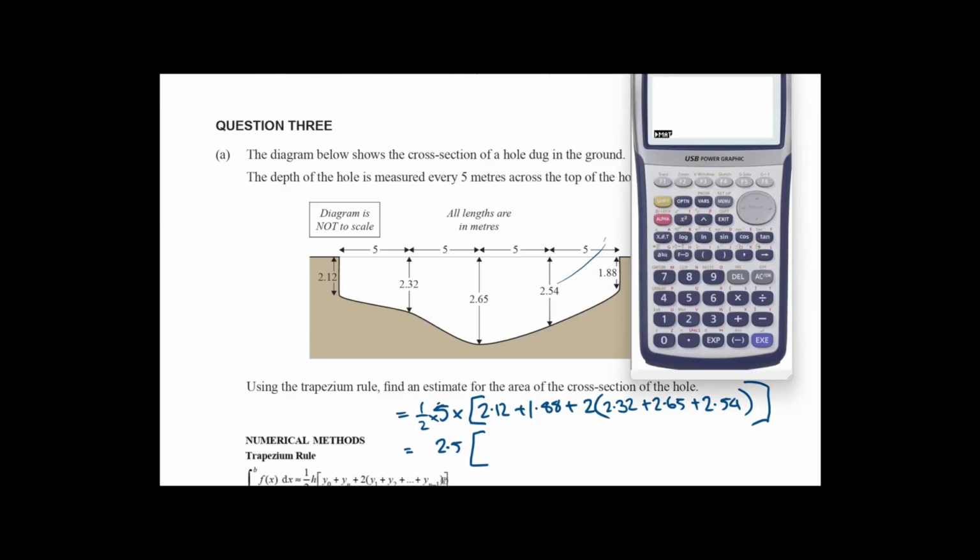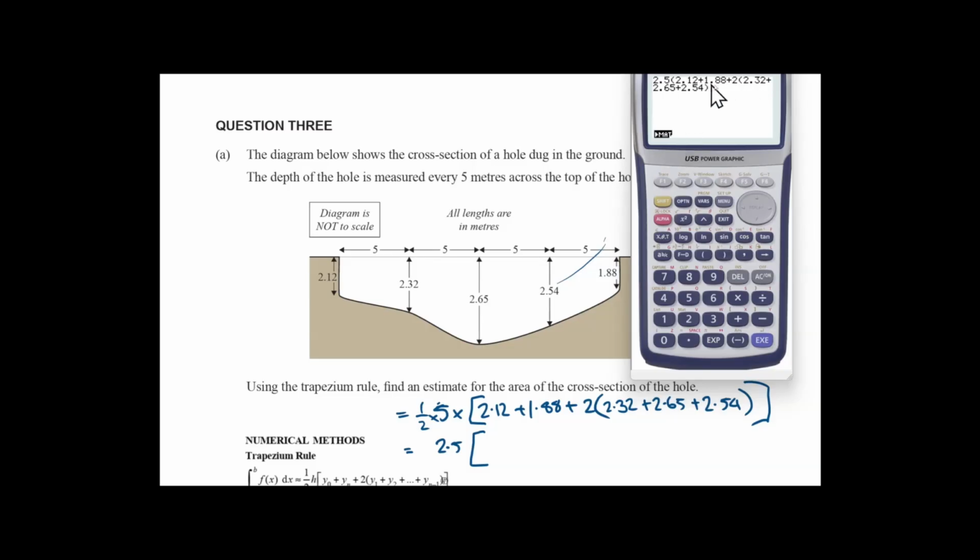So 2.5, 2.12 plus 1.88, plus 2 times brackets 2.32 plus 2.65 plus 2.54, close brackets.